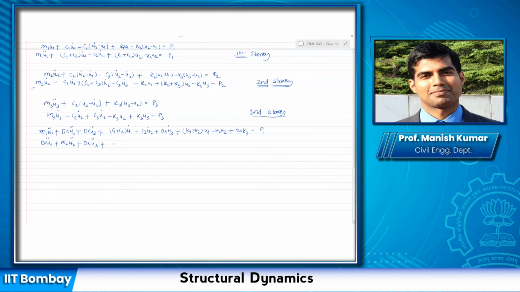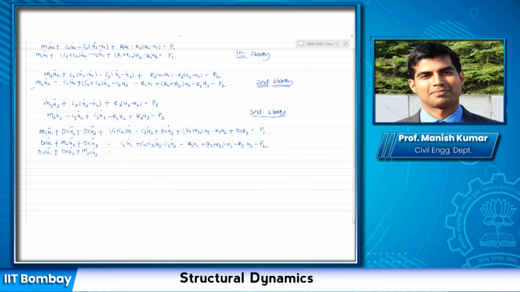Then the damping terms: minus C2 times U1 dot, plus C2 plus C3 times U2 dot, and then minus C3 times U3 dot. Then for stiffness, minus K2 times U1 plus K2 plus K3 times U2 minus K3 times U3, and this is equal to P2. For the third equation, I have 0 times U1 double dot plus 0 times U2 double dot, but I have a non-zero term for M3 times U3 double dot. So this is what I get.